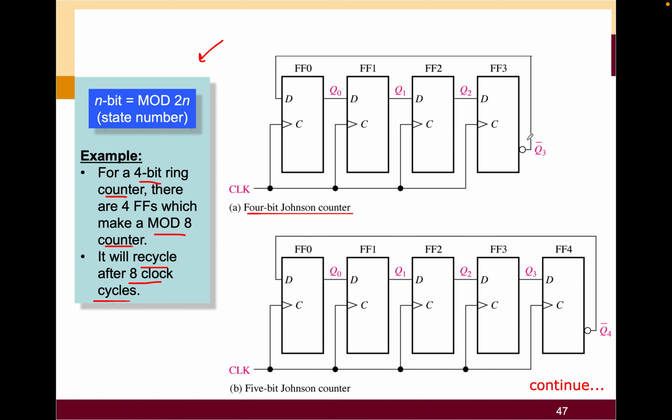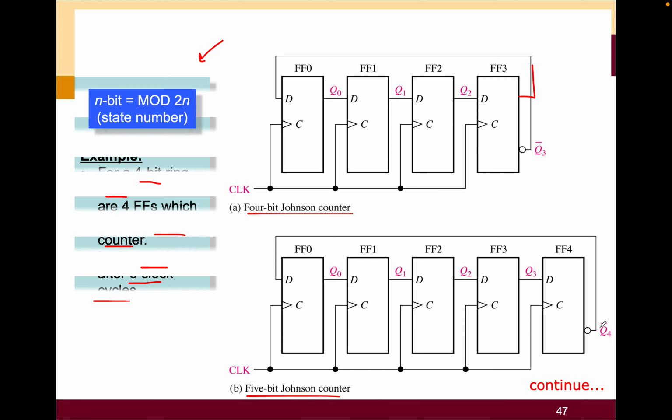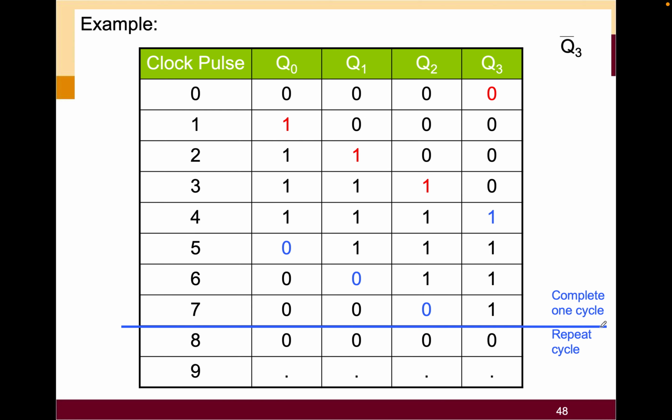You can see the connection is slightly different. Rather than the ring counter, it's directly connected to here, right? And this is a 5-bit Johnson counter. Still see the connection. And let's still take a look into an example for the 4-bit Johnson counter.